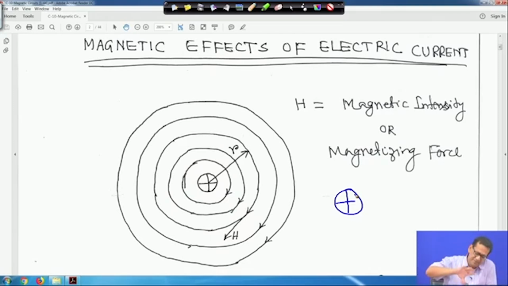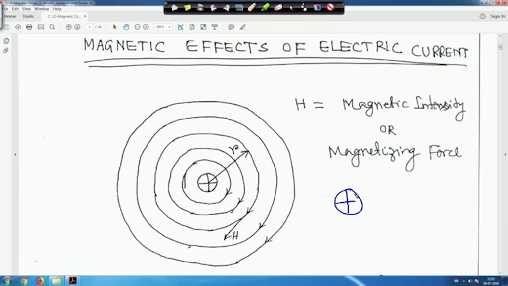If my thumb is the direction of the current, then the flux line will be the curling fingers. So the plus means the current is entering the plane, and this is the direction of the flux.